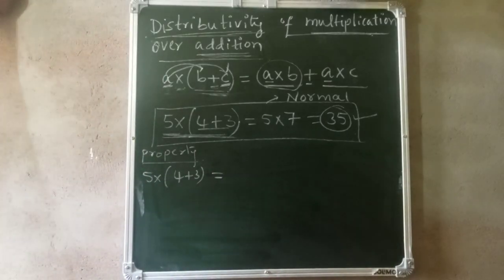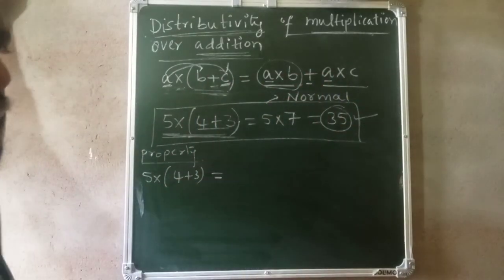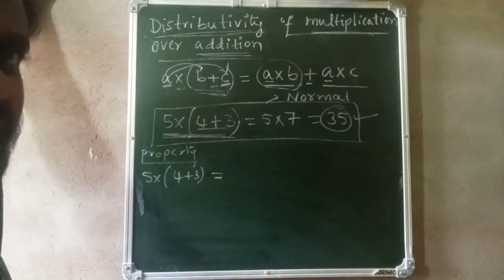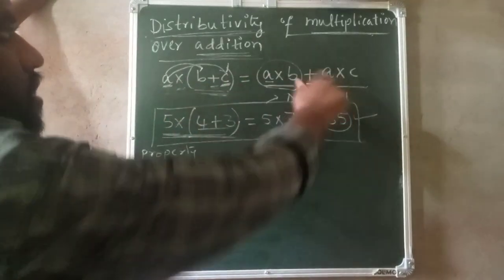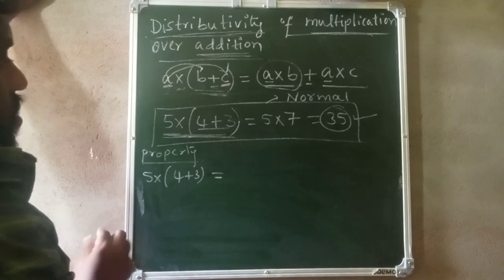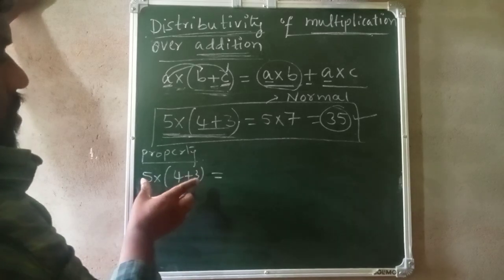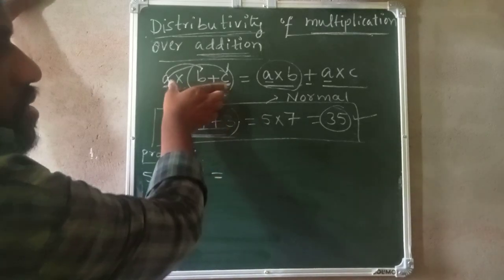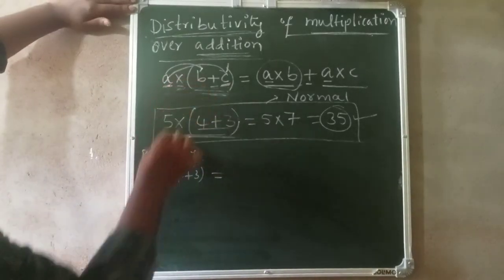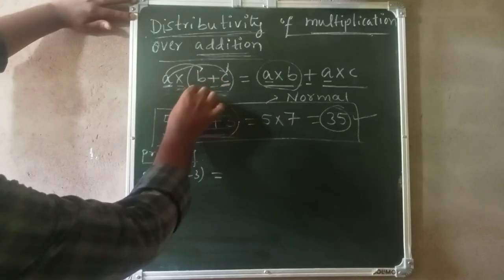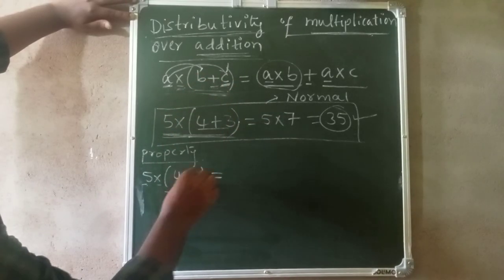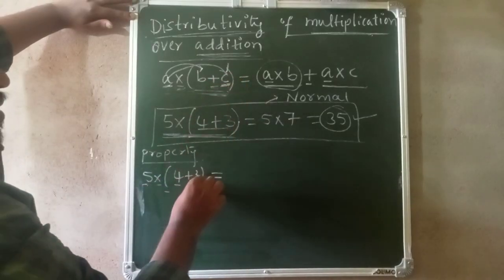So we have to use this property to find the answer now. Why are we doing all these things? To check whether this is correct or not. So see, you can see this is in the form of this, correct? So in place of A we have 5 into bracket, in place of B 4, plus in place of C 3.